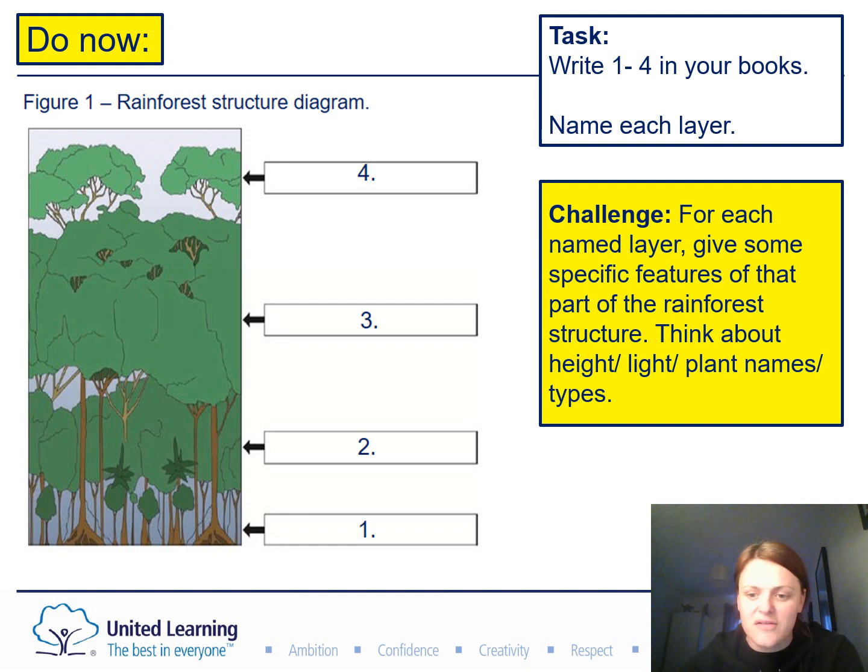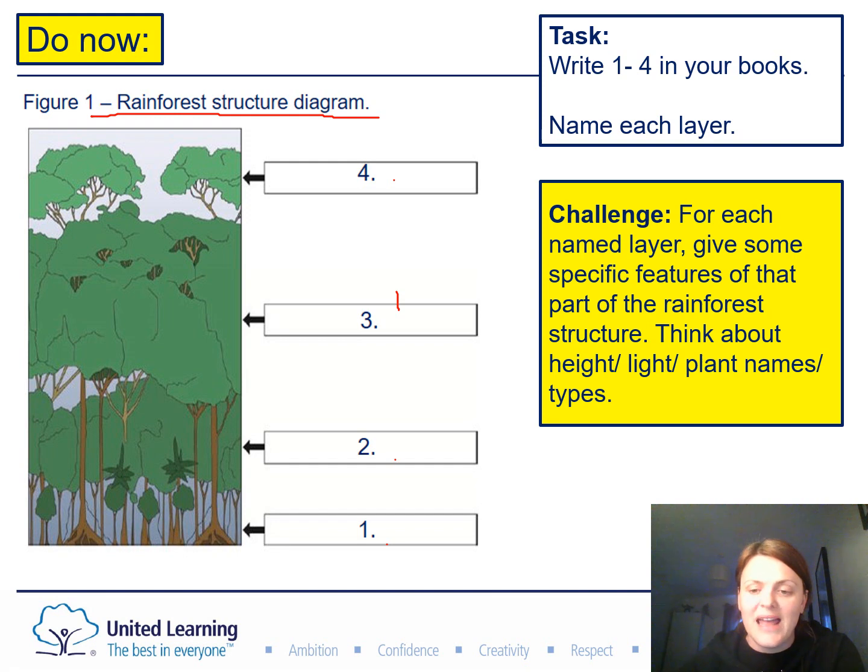All right, so let's just recap what we did last lesson. In front of you, you can see the structure of the rainforest. This is what we did last lesson, and it has 4 layers. Can you please write down on your page or wherever you're doing this work what each layer is? Now, if you are up for a challenge, and I'm talking especially sets 1 and 2, you're more than capable to do this, but every set should do this too.